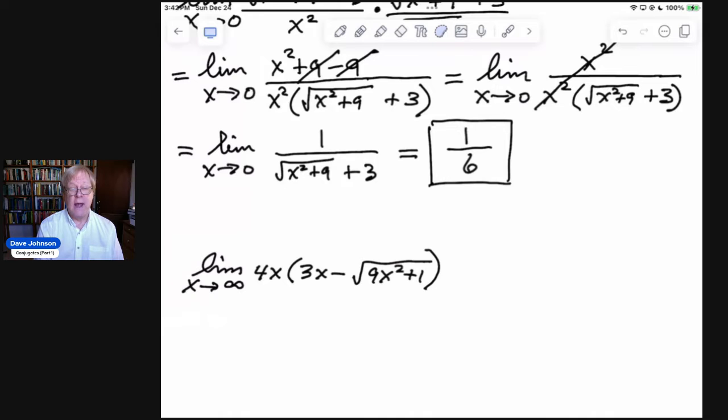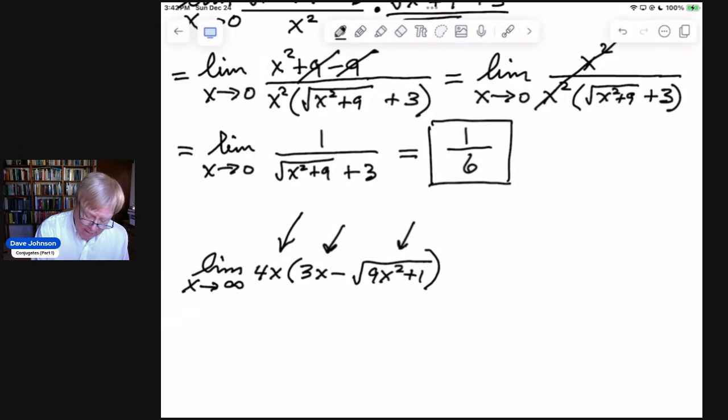So if x is infinity, then that term is going to be infinity, and this term is also going to be infinity. So infinity minus infinity. Now you can't say that's 0. Infinity minus infinity is an indeterminate form. And plus we have an infinity here. So it's like, what do we do?